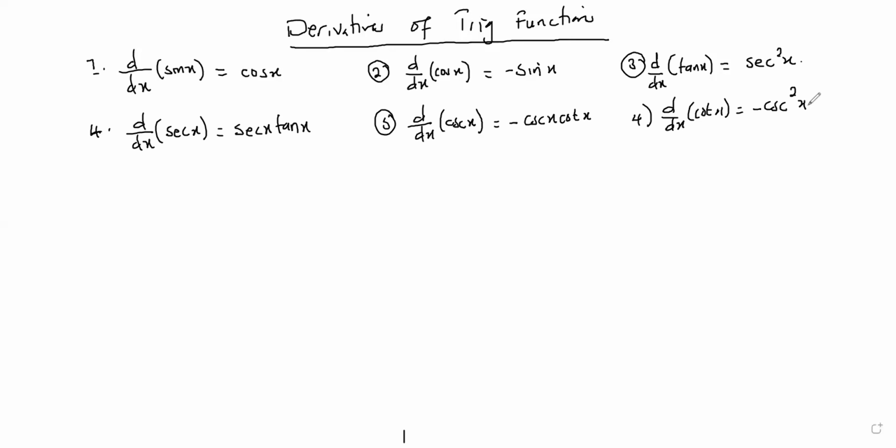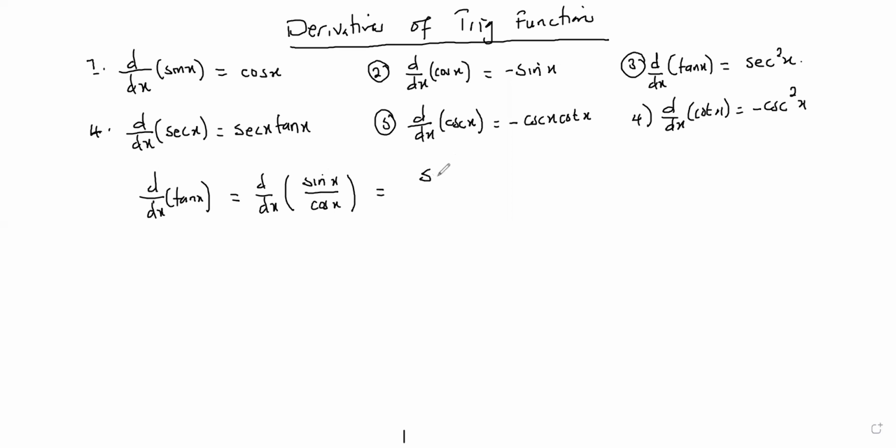If you happen to forget any of these derivatives, apart from 1 and 2, you could derive them. For example, the derivative of tan x, if I forgot it, I would say it's the derivative of sine over cos. Meaning I need to use the quotient rule.